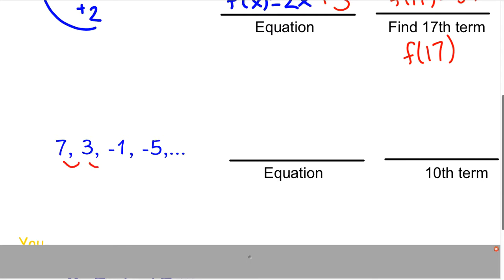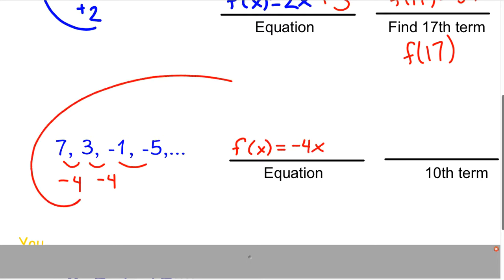In this problem, my common difference is -4, going down 4 each time. Automatically, my equation starts with -4x. And again, I can look back to find this value at the end.